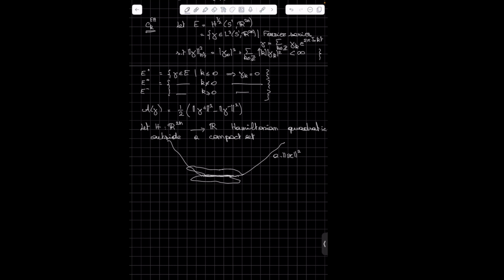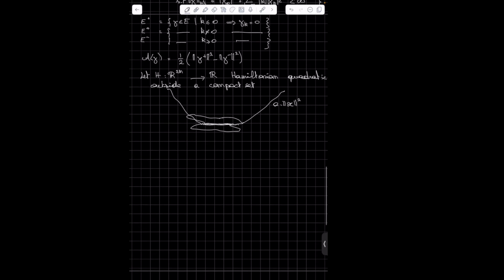That's the type of Hamiltonian we want to consider. And then one has a Hamiltonian action functional A_H of gamma, which is A of gamma minus the integral from 0 to 1 of H of gamma of t dt. That is the usual Hamiltonian action functional.